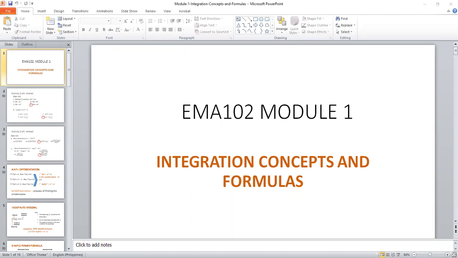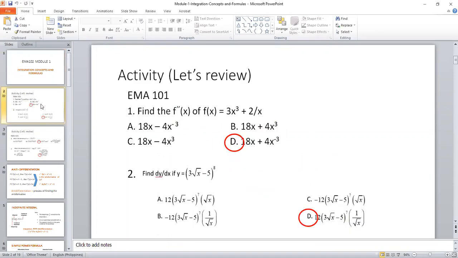You can't see the slide, class? It's in presentation mode, and everything is viewed on the side. Excuse me, let me check. Why is it in presentation mode?